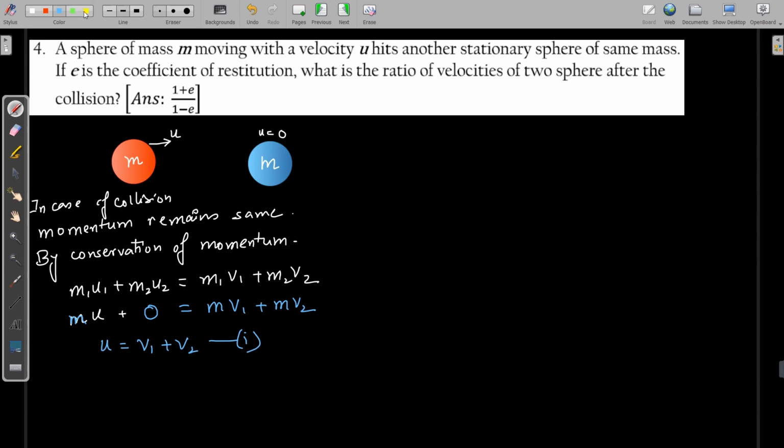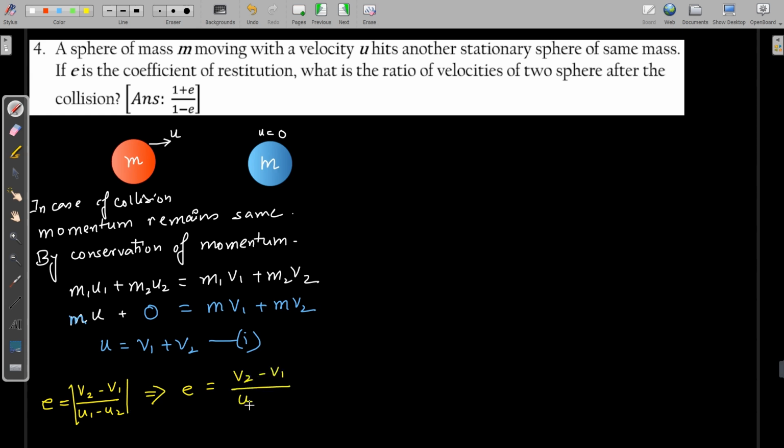Another thing we know, coefficient of restitution. What is coefficient of restitution? e is called relative velocity of separation by relative velocity of approach. That is v2 minus v1 by u1 minus u2. This whole comes under mod. Mod means we will take the positive value. So e can be written as v2 minus v1 by u1.